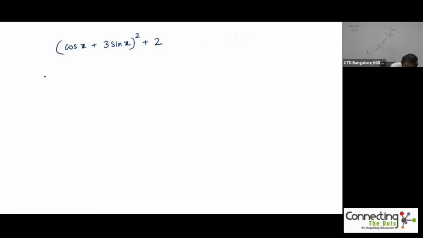So let's take cos x and recognize the two constants. The two constants are 1 and 3. Now, suppose I compare this to sine A cos x plus cos A sine x. I'm comparing it to that.